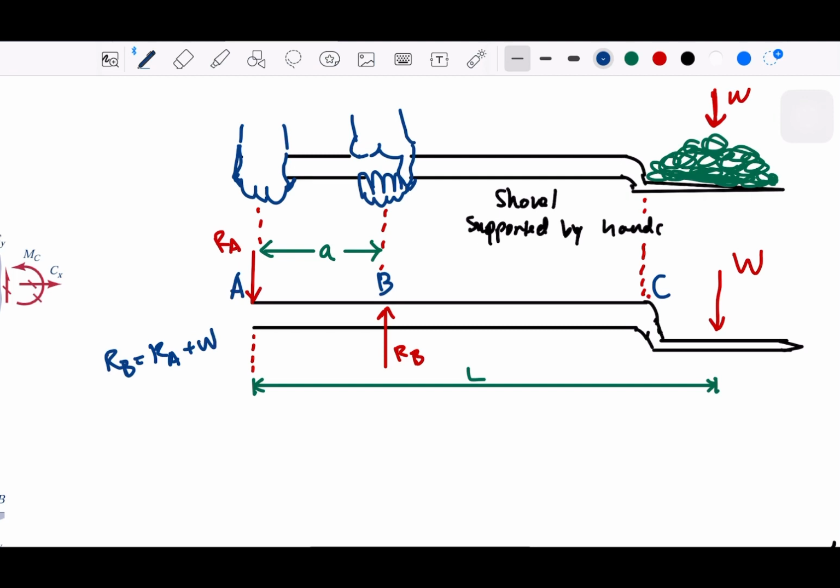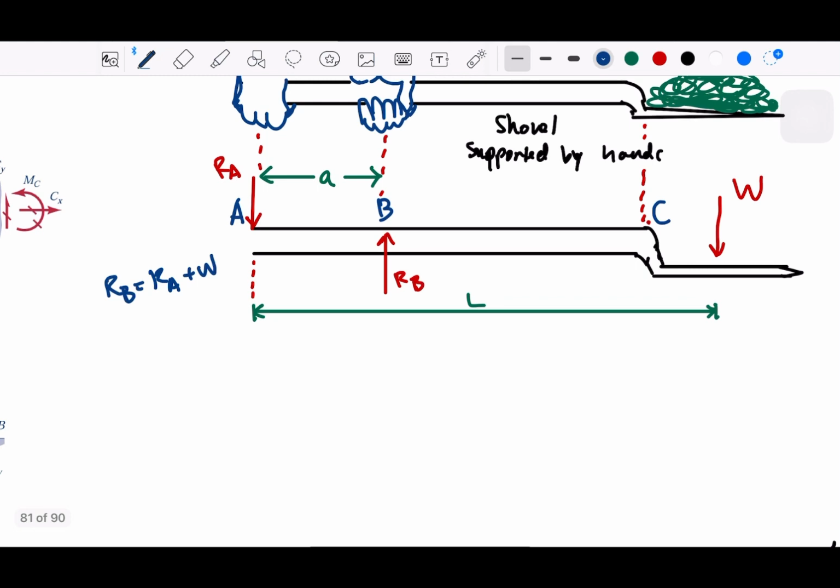So this is what we call the free body diagram for the macro level, or the entire subject, right? And then as we usually do, we are going to take some sections. So let's cut this into pieces.